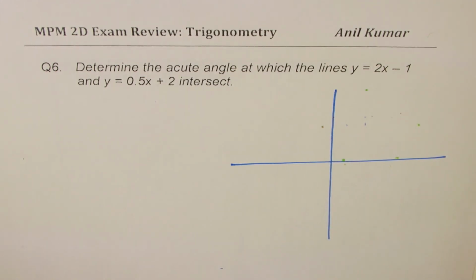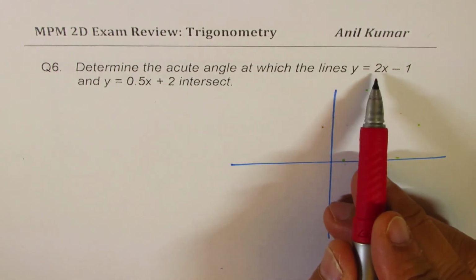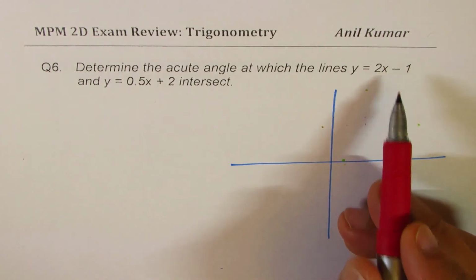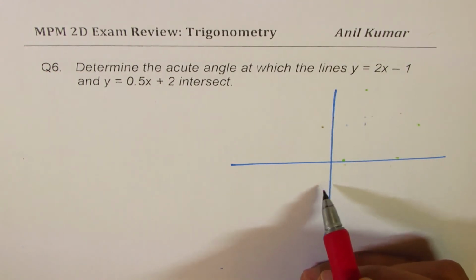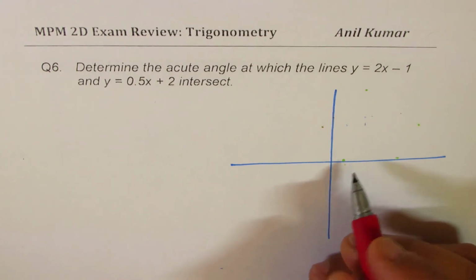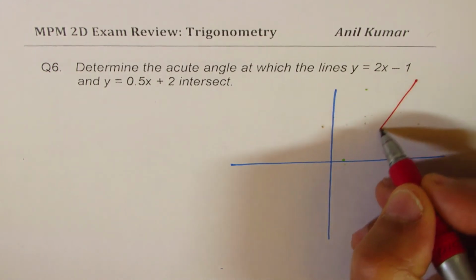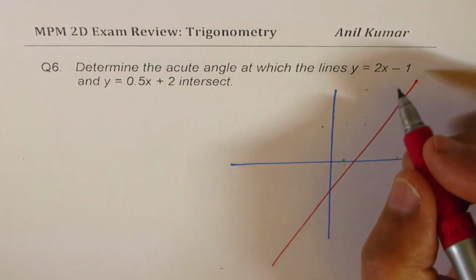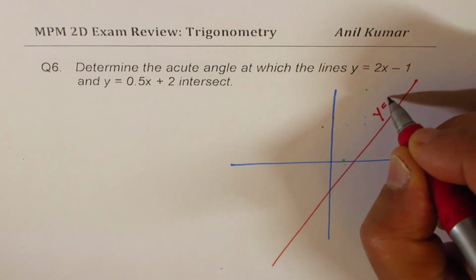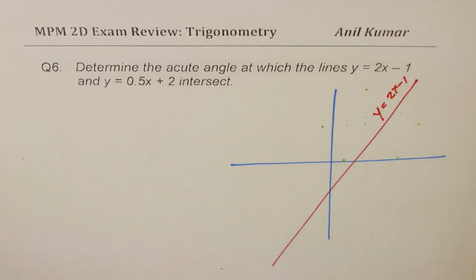Now let's try to make a rough sketch. Y equals 2x minus 1 means y-intercept somewhere here, slope positive, right? So let me sketch a line here. Okay, so that becomes my line y equals 2x minus 1.